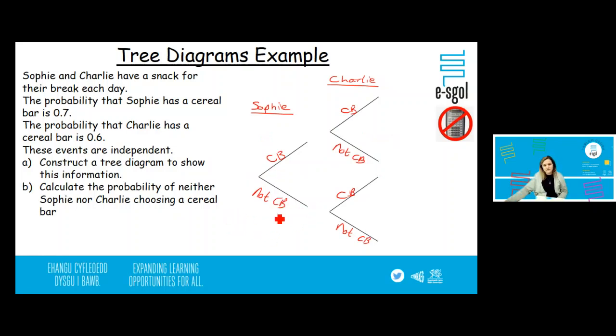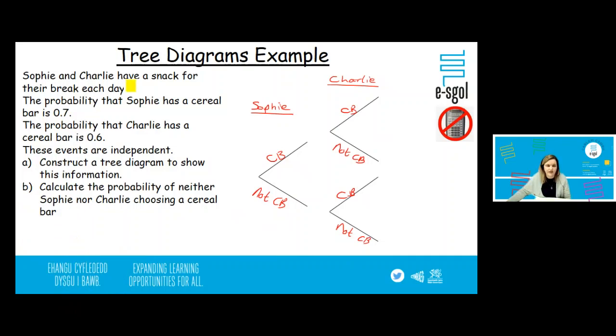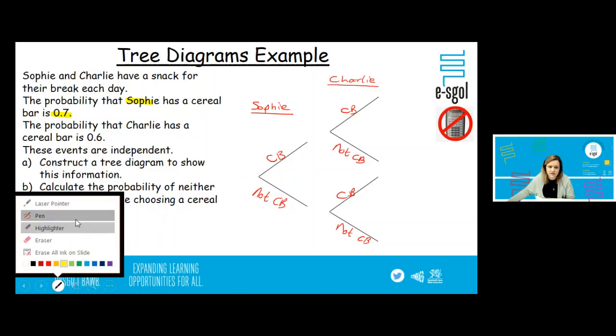The other thing that you'll be expected to do is to actually put our probabilities on here. Now, if we go back and have a look at the question and read this second section here, the probability that Sophie has a cereal bar is 0.7. So that is going to now be labelled on this diagram.